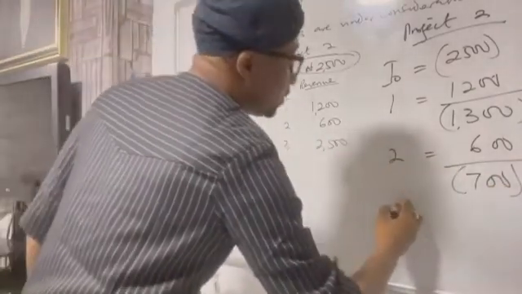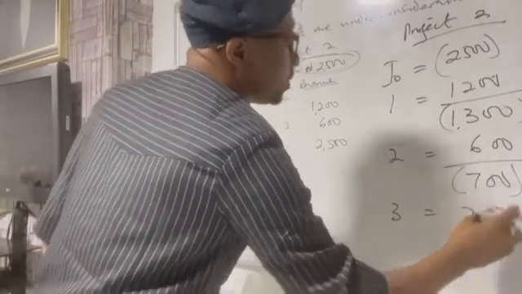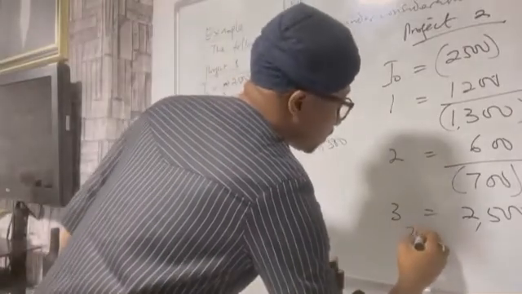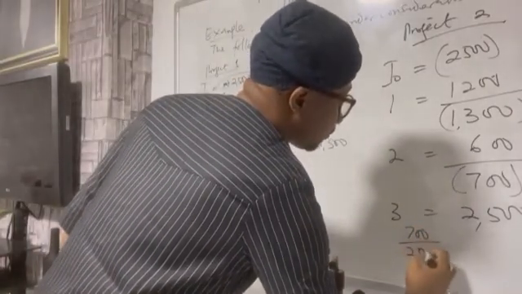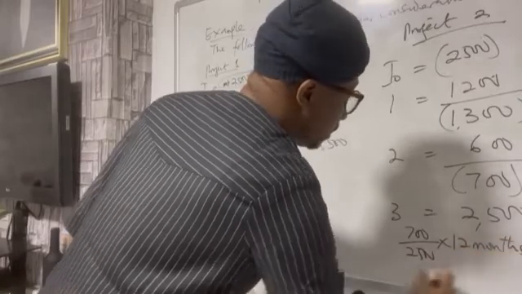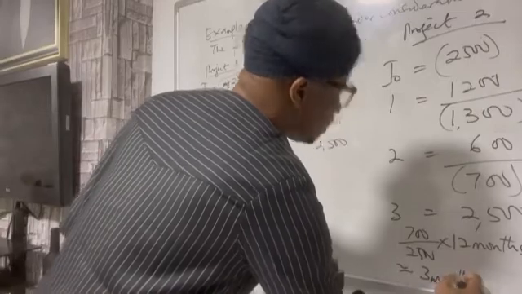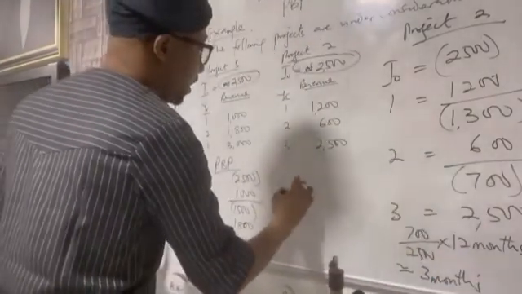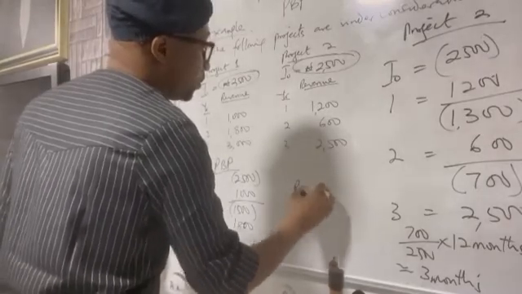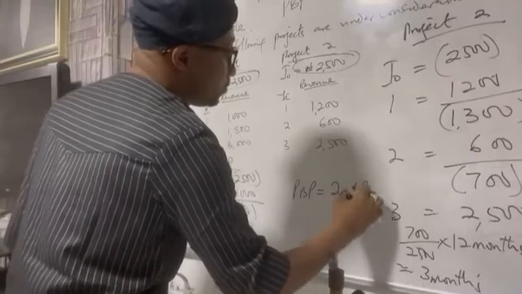Then in year 3 we are able to recover 2,500, which is higher than the 700. So we say 700 divided by 2005 times 12 months. That will give us 3 months approximately. So the payback period for project 2 is 2 years and 3 months.